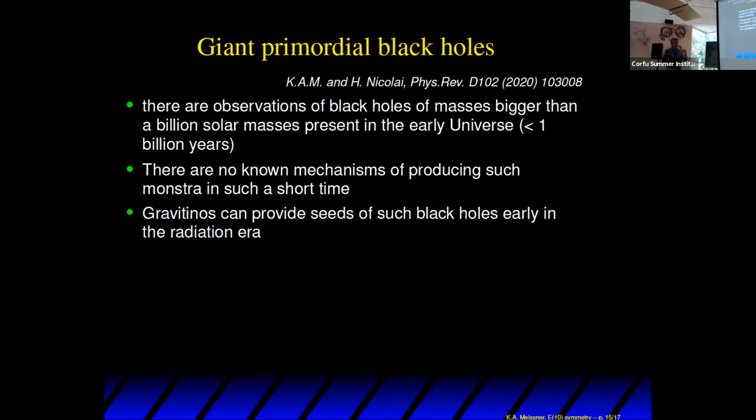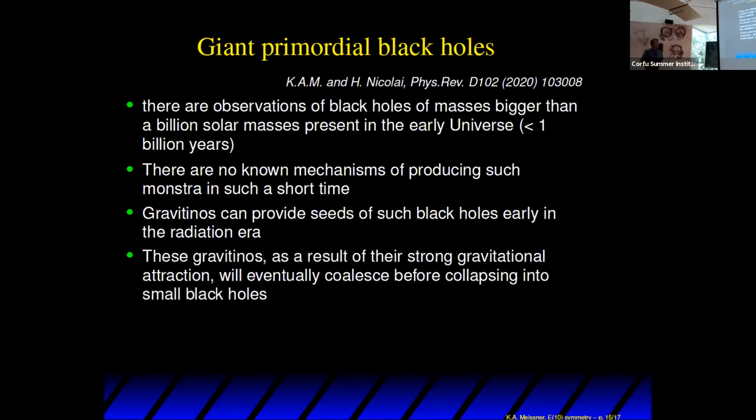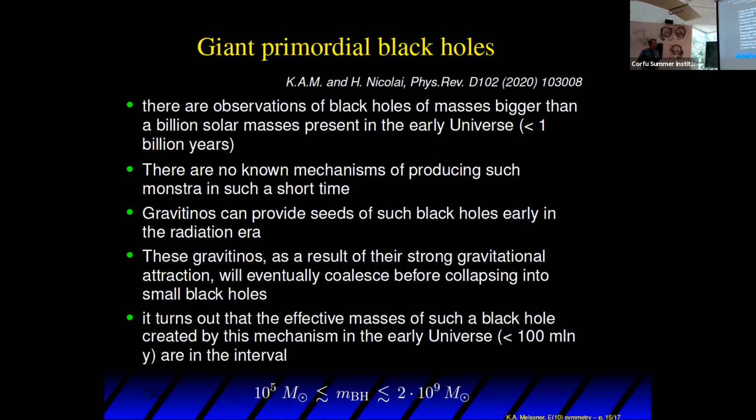But gravitinos, as we have shown, can provide seeds of such black holes even in the radiation era, very deep, very early on. We have solved the Einstein equations to show how they grow and so on. And they will eventually coalesce before collapsing into small black holes.